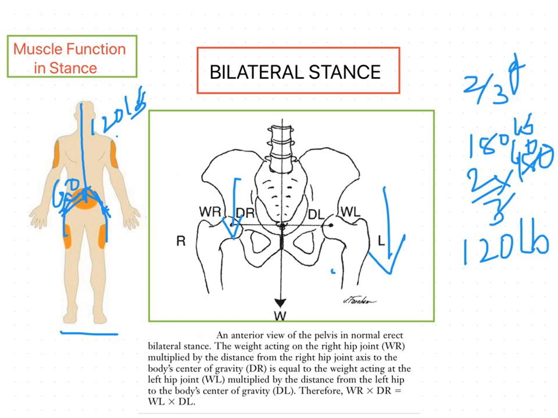If you consider the weight which is acting on the left side, it will cause a drop on the right side. So that means the torque produced on the right side causes a drop on the left side, and the torque produced on the left side causes a drop on the right side.